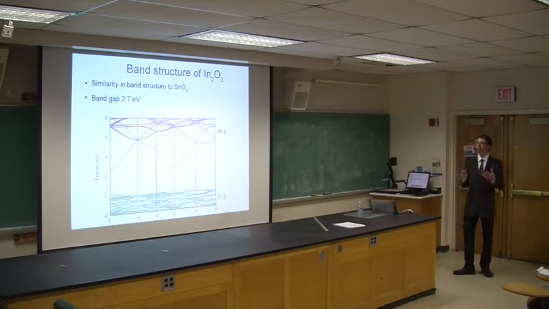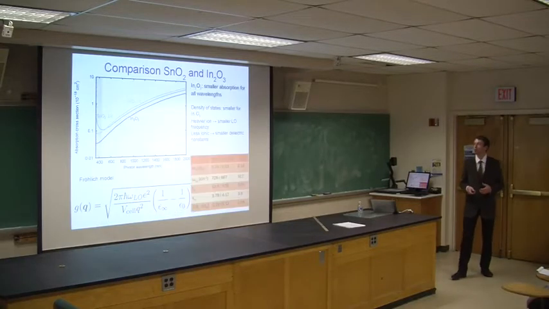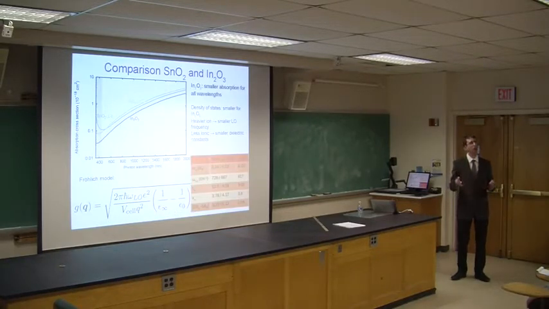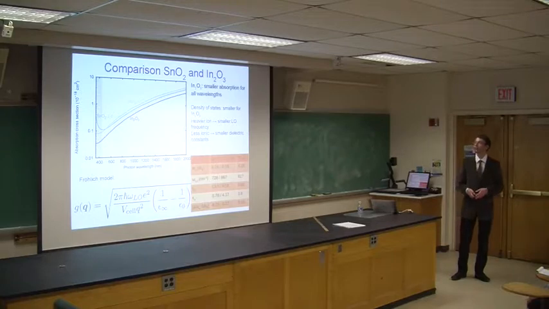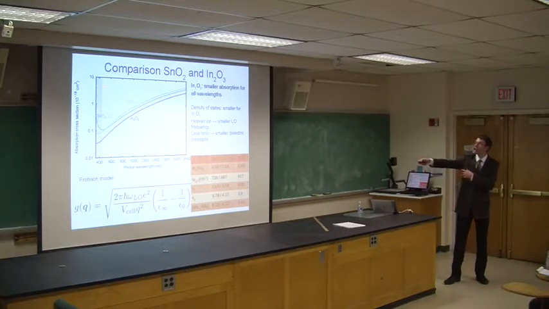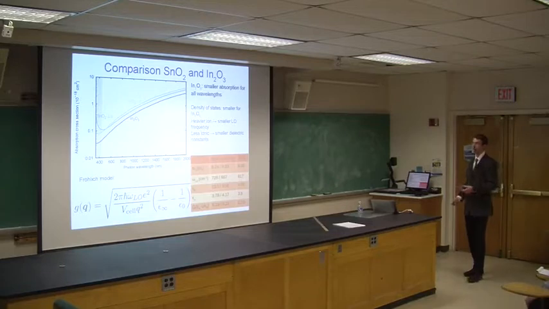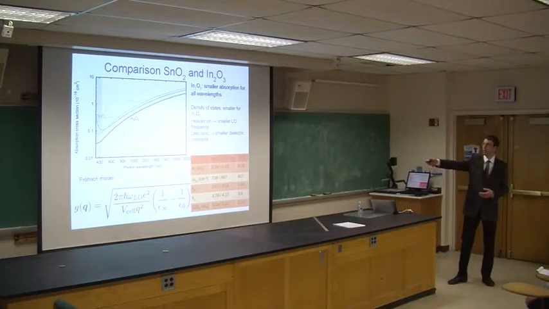So let's compare the total absorption cross-section, only taking into account phonons, for both materials. The green and blue curves are the earlier results for tin oxide, while the purple curve is the result for indium oxide. You immediately see the absorption is smaller, independent of the photon wavelength.